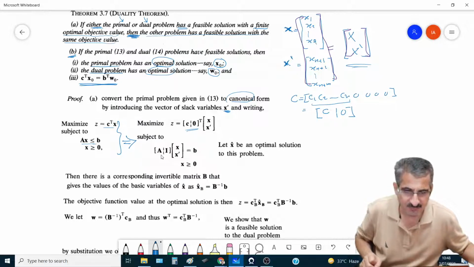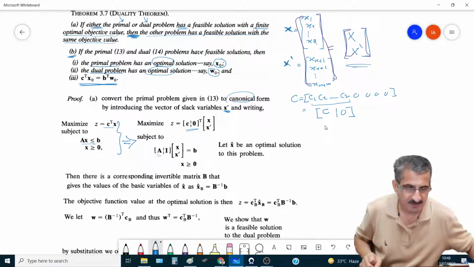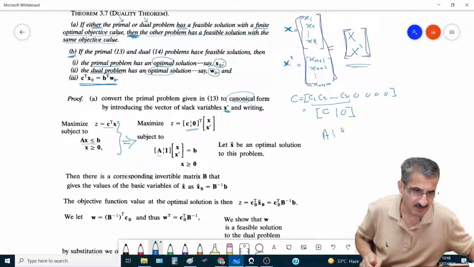And same thing for the matrix A. The matrix A with this identity here, it means our matrix we already have, A11 all the way to A1n, Am1 to Amn, and then we have the identity matrix for the slack variables. You remember that?